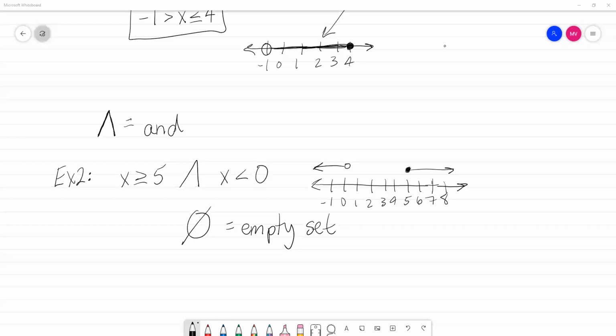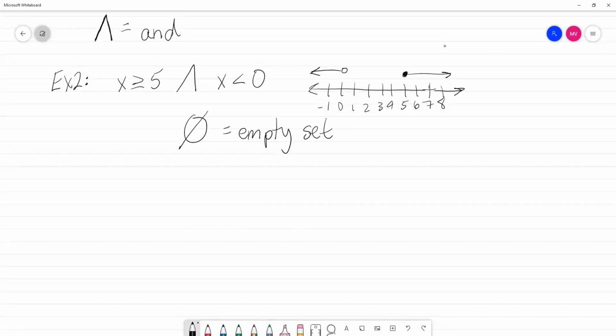Okay. So let's look at example 4 really quick. Example 4 asks us to solve and graph the solution set of -1 is less than 3x plus 5, which is less than 8.